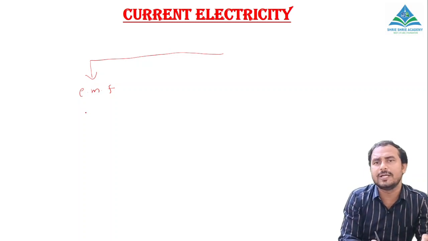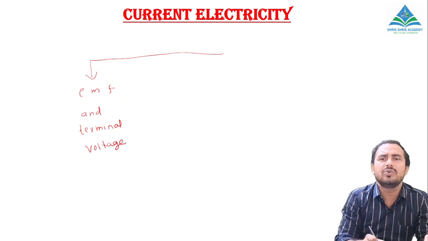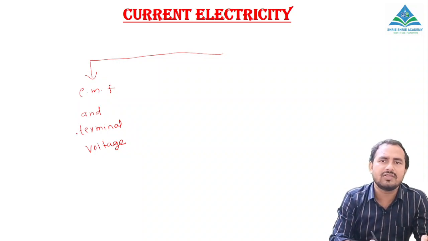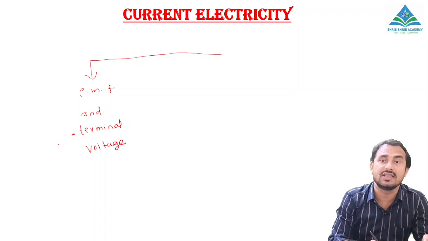The formulas are few, but the questions will trouble you sometimes, and the NCERT book back question is also there. Terminal voltage is the effective voltage given to the external resistance.